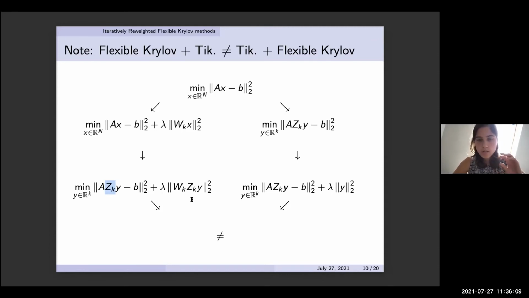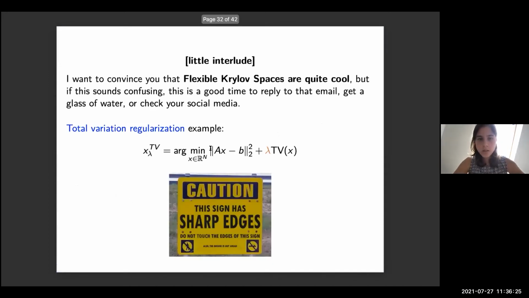I want to explain why I think that incorporating information in the solution subspace is still cool, even if you're still keeping a regularization term which asks for sparsity in the solution. So, because it looks nicer, I'll just go to a slightly different example.